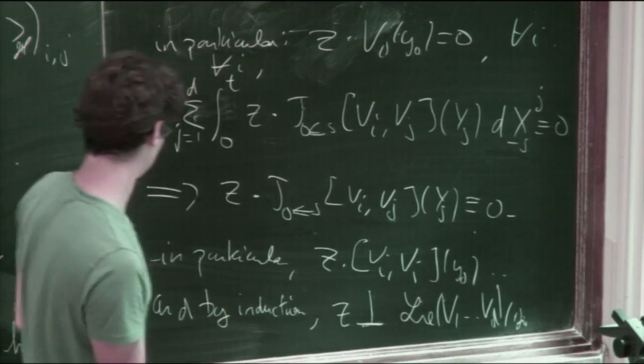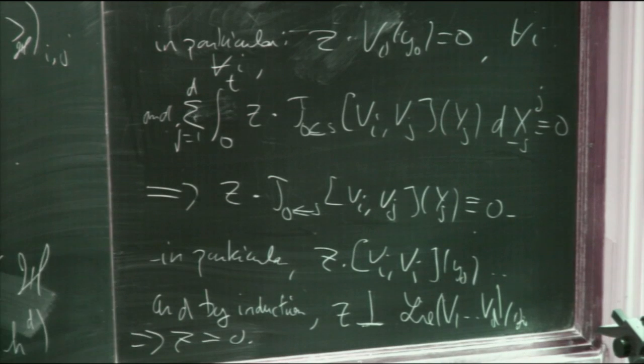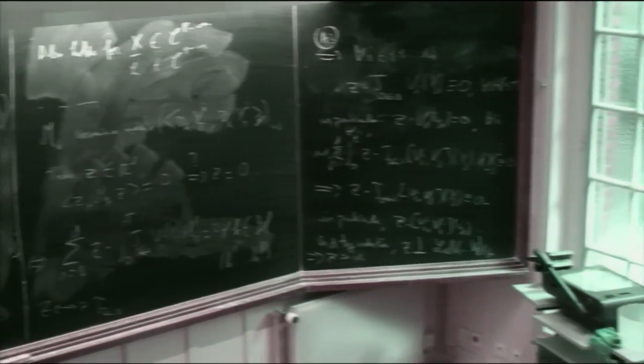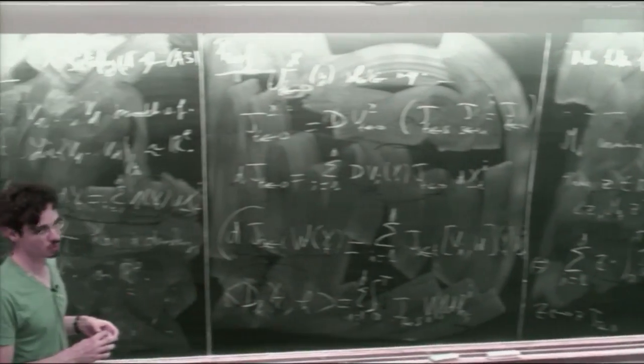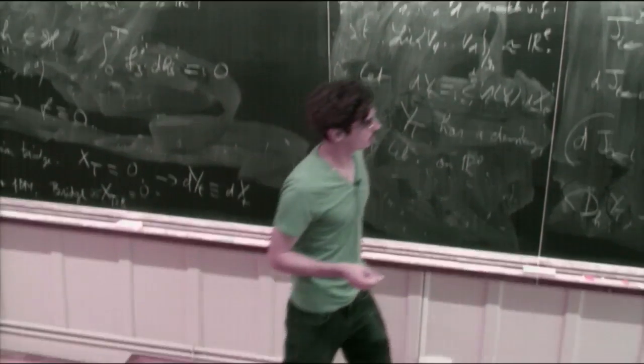Hence, Z is equal to 0. Hence, this matrix is invertible, almost surely. And you have this Bouleau-Hirsch criterion. And in conclusion, your random variable Y_t has a density with respect to Lebesgue measure. So that's it for the proof.